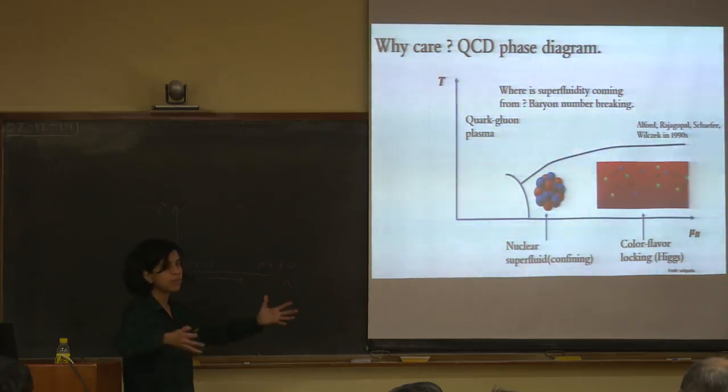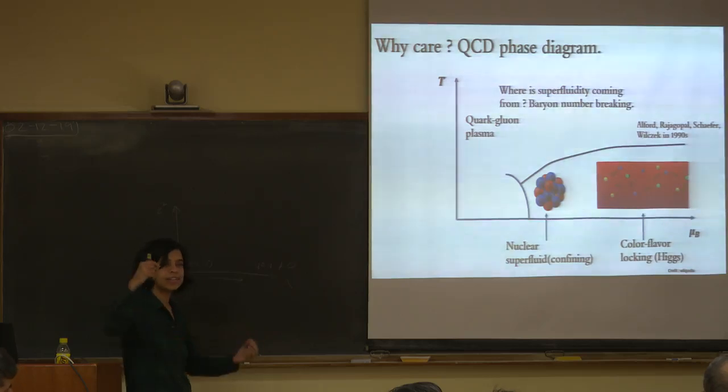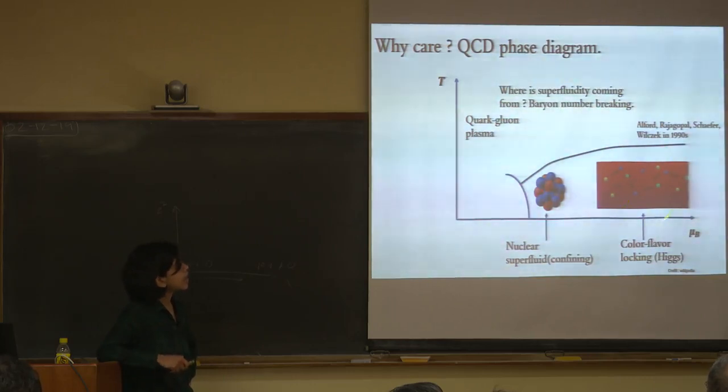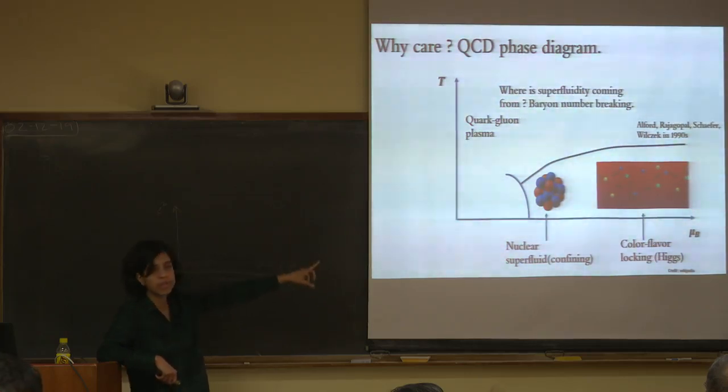So you get something known as quark matter. And again, there is Cooper pairing between two quarks at the Fermi surface. The corresponding phase of matter is known as the color flavor locked phase of matter. And again, the way Cooper pairing happens at the Fermi surface, that breaks baryon number spontaneously. So again, you get superfluidity on the quark matter side.